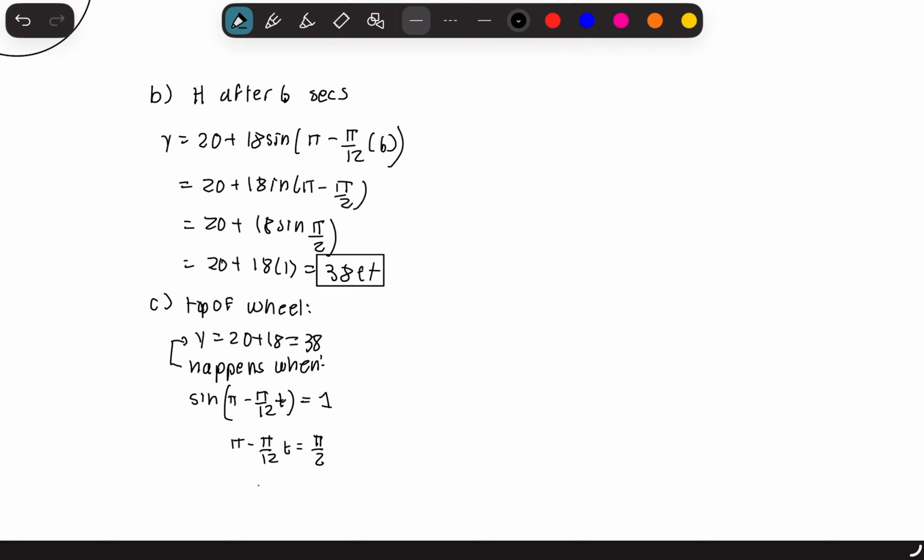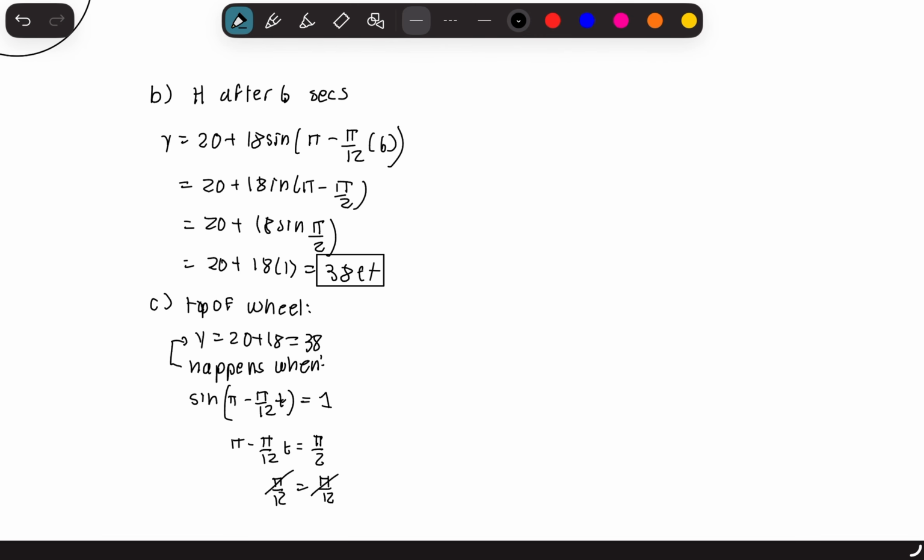So you have pi over 12 t is equal to pi over 2, and canceling out that pi, you have 1 over 12... oh wait, so you have t here.